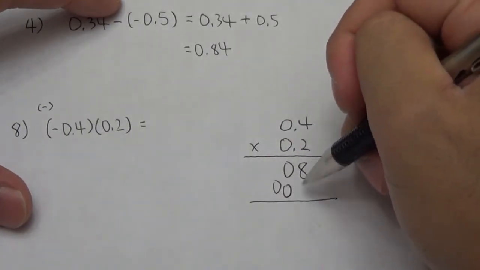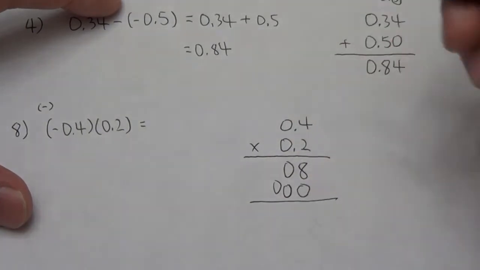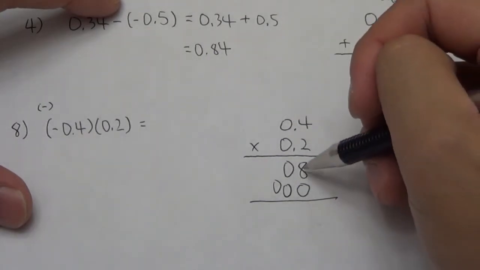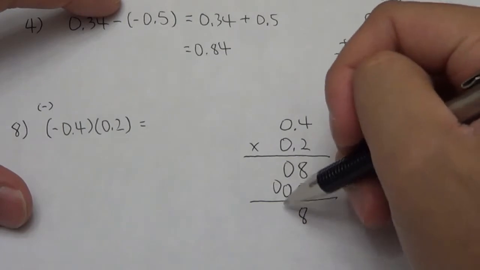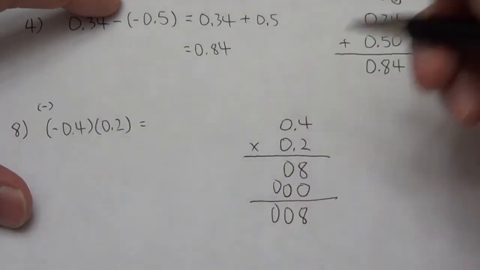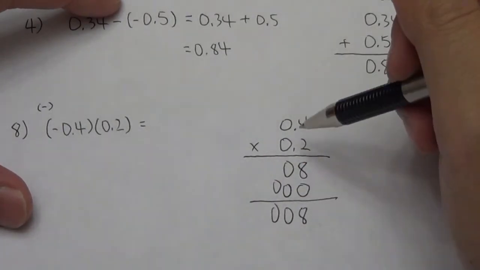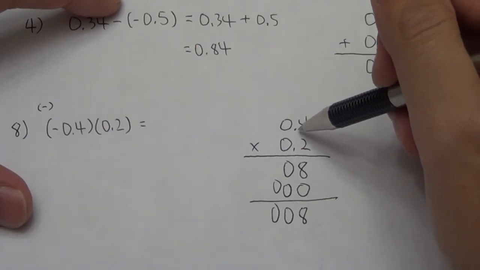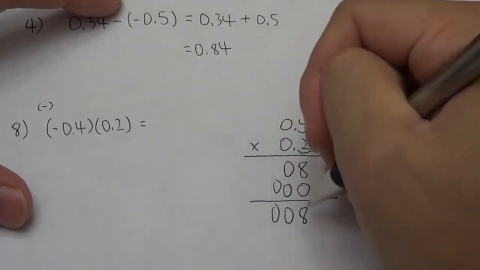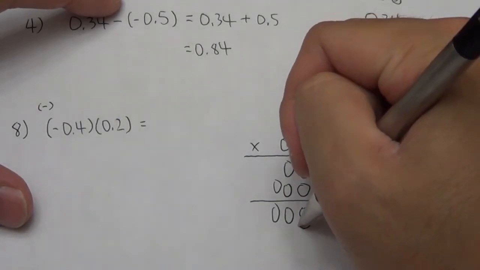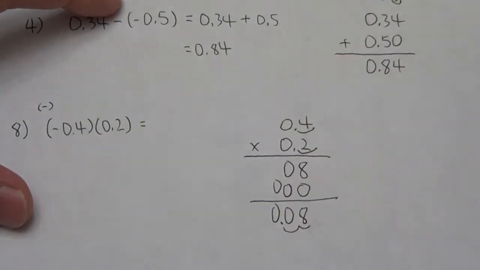And if you want to visually make it easier to see, write a 0 there. 8 minus 0 is 8, and then I got zeros down that way. I'm going to just write it out because my last step is to see how many decimal spots the problem has. There's 1, there's 2, so that means my answer also needs to have 1 and 2 decimal places.